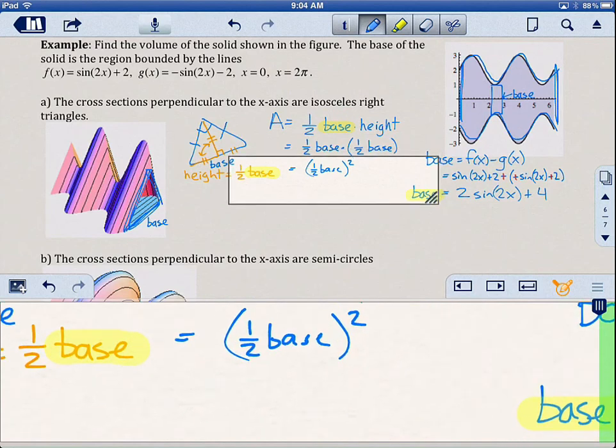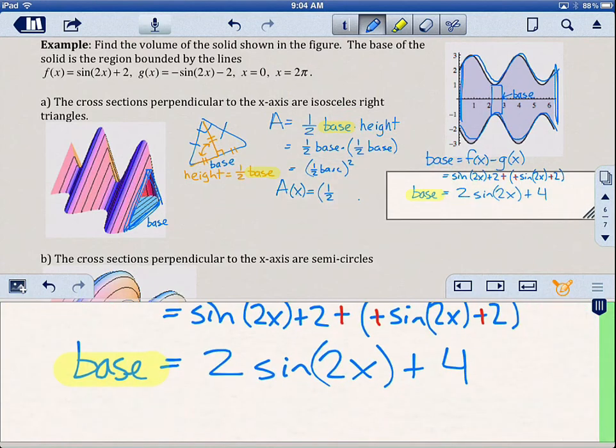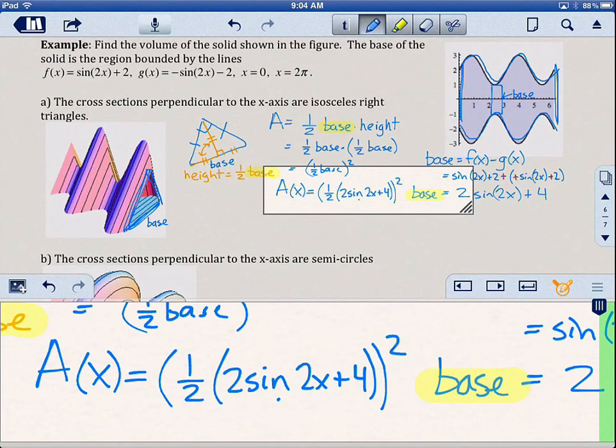If you have 1/2 base times 1/2 base, you really have 1/2 base squared. So all in all, our area of our known cross-section of x is going to be 1/2 times the base, which is 2 sine 2x plus 4, and then that squared.